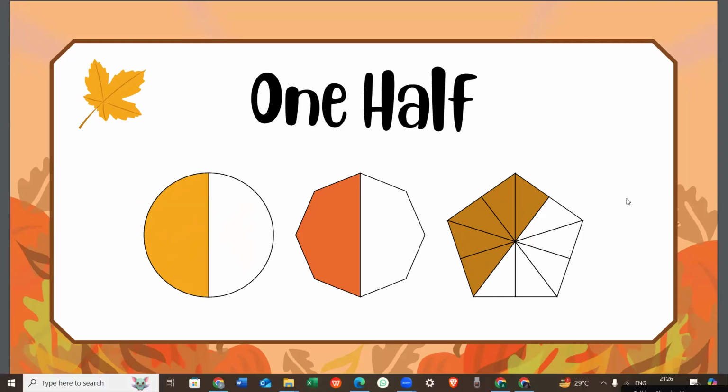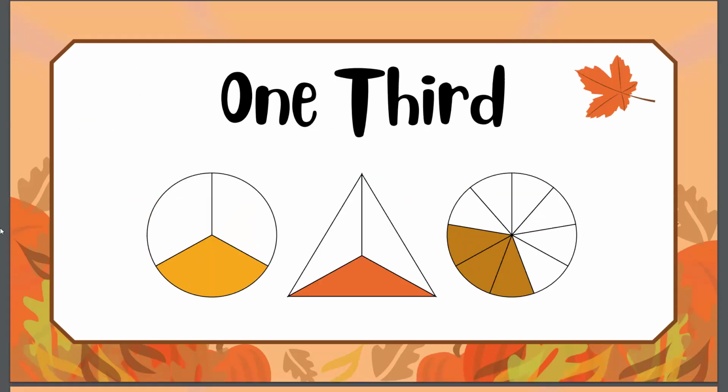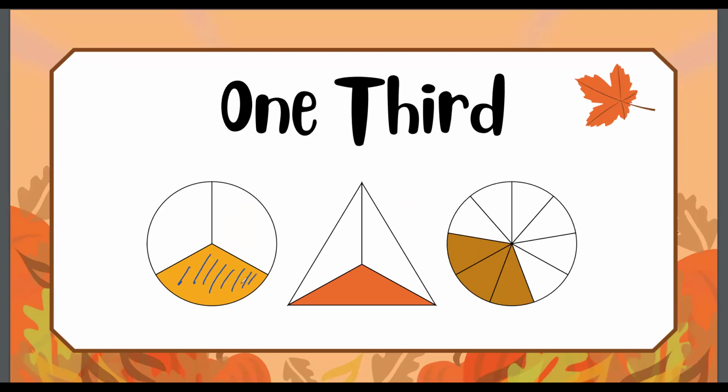Let's move ahead. We have one third. One third means total we have three parts, but only one part is eaten or colored. Total how many parts are there? Three: one, two, three.